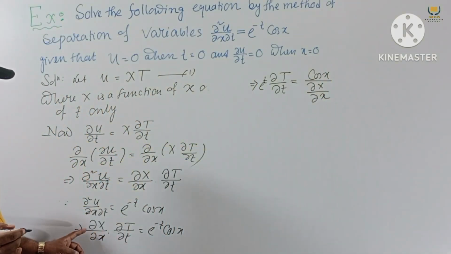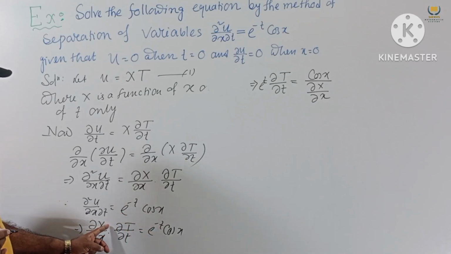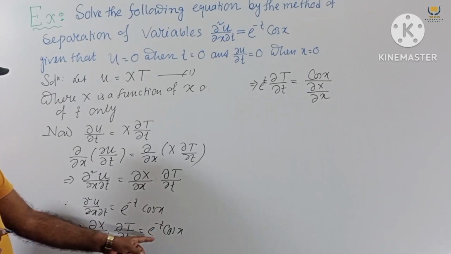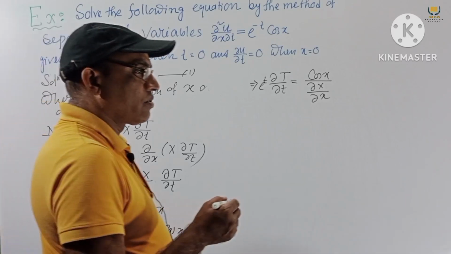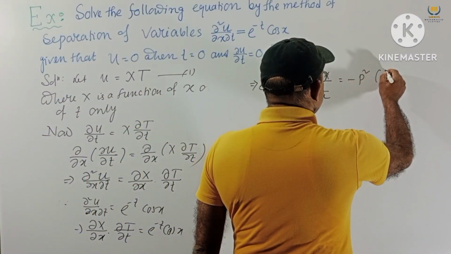We multiply both sides by e to the power t, then e to the power t cancels, and we get e to the power t dT by dt, and cos x by dX by dx. This equal to, we consider, minus p square. Say.